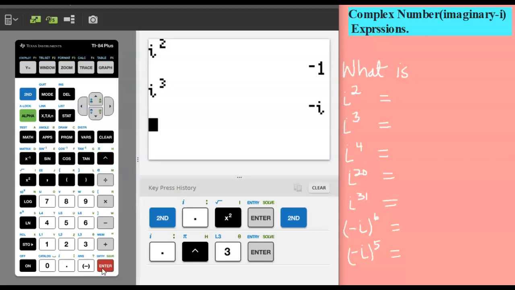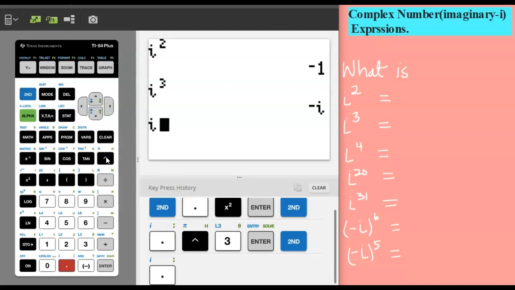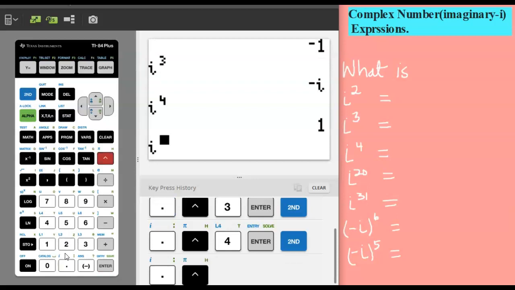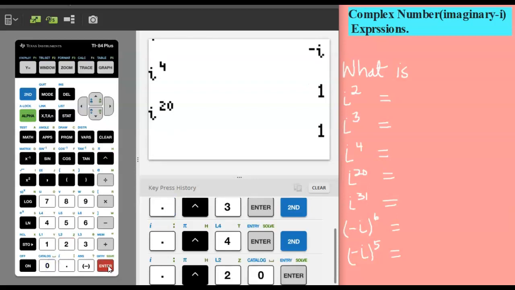And you go to i to the power 4: second i, the power key, 4, and that gives you 1. And i to the 20: second i to the power 20, and you get 1.